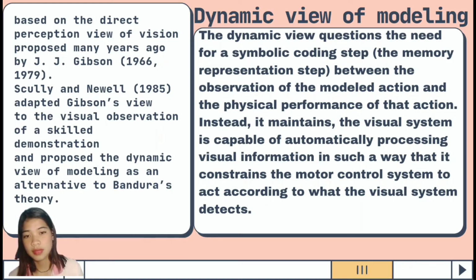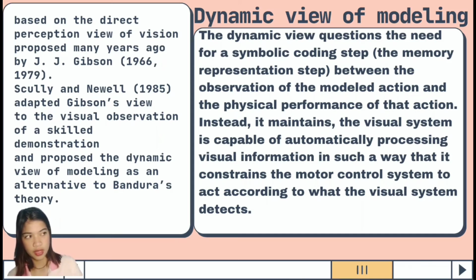As a result, until we have research evidence that one view cannot explain it, we must consider each view a possible explanation of why modeling benefits skill acquisition. The cognitive mediation theory has been the more prominent of the two, receiving more attention in motor skill research. However, the dynamic view is growing in popularity.